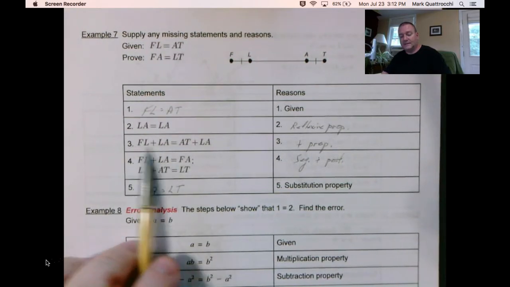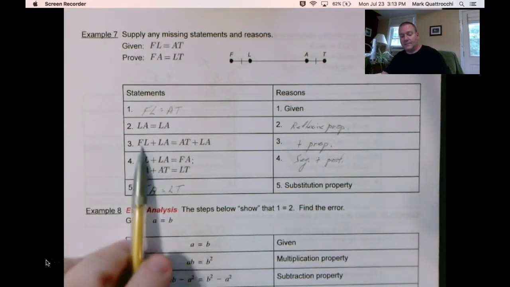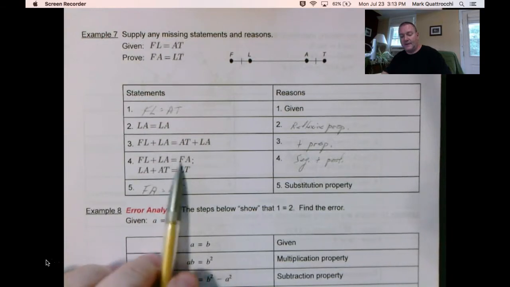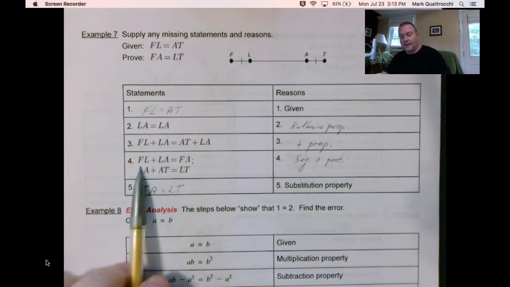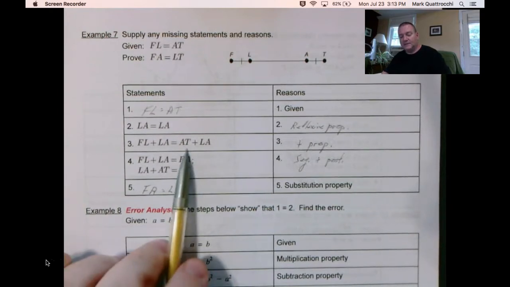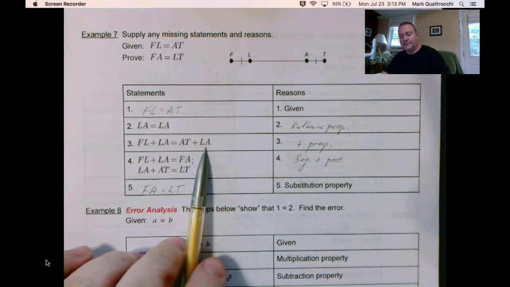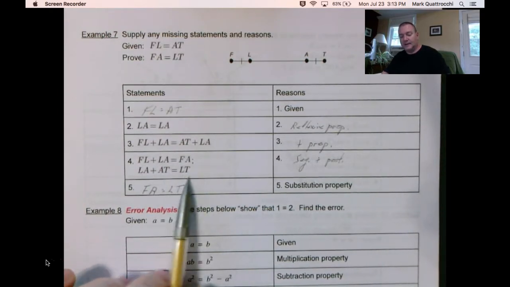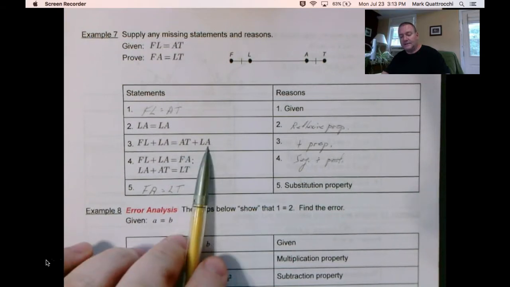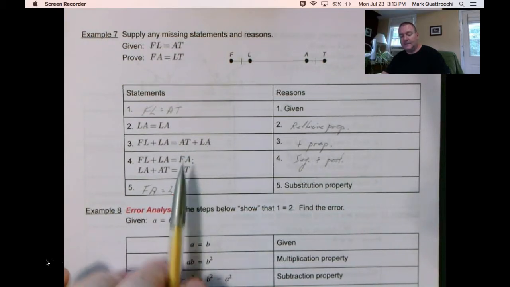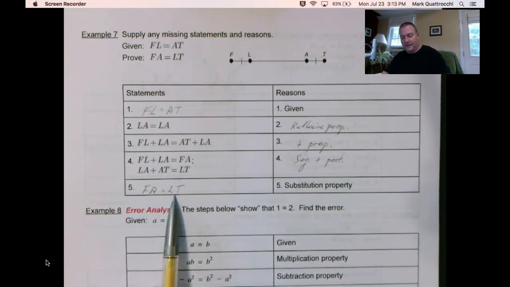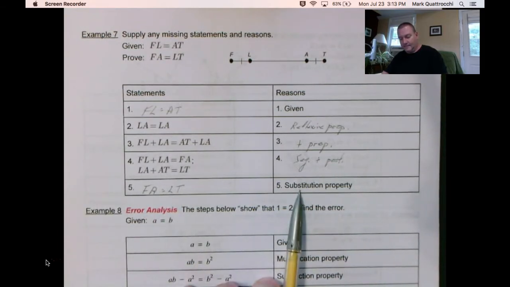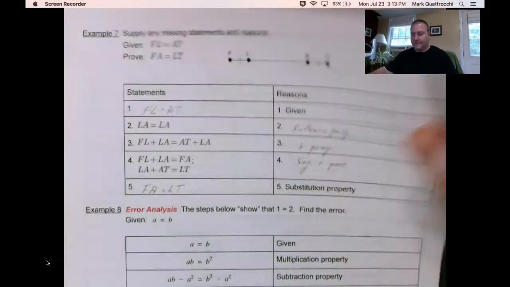So if I replace FL plus LA with FA, I get an FA here on the left side. AT plus LA is equal to LT. So if I replace the AT plus LA with the LT, I get an LT on the right-hand side, and I get this statement FA equals LT by the substitution property. Okay, example 8.